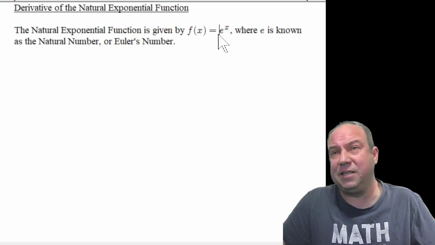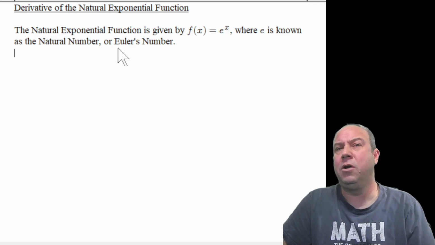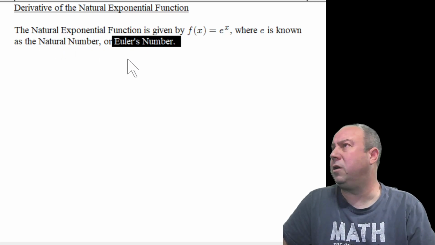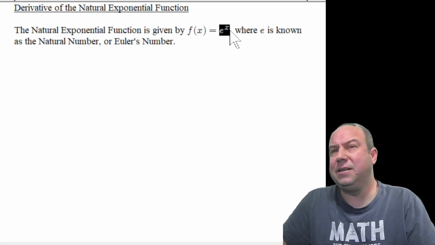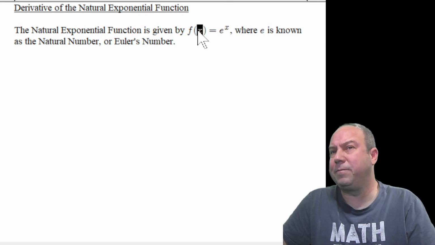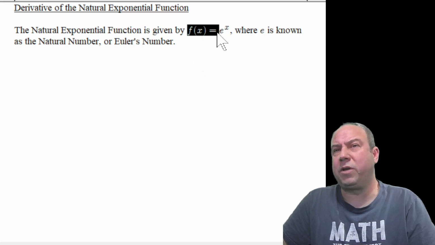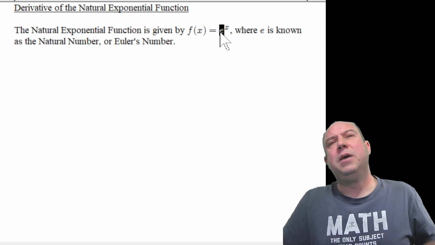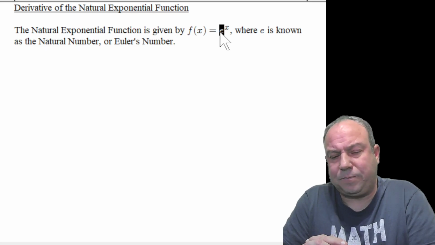In this case, its base is the value e known as the natural number, or what's sometimes referred to as Euler's number. And that base is raised to the independent variable of the function, x. This forms what we call an exponential function, and because it has the base of e, it's more specifically known as the natural exponential function.